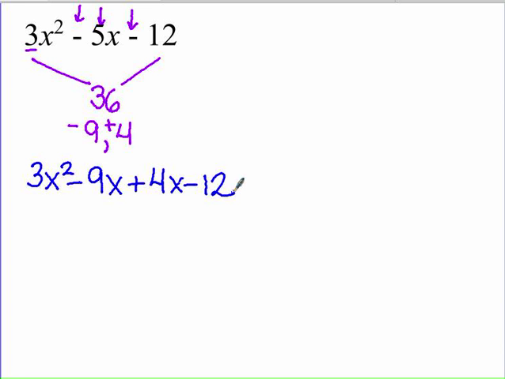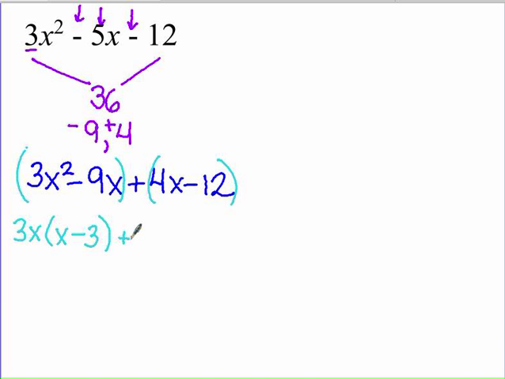Now a little bit about that. Remember, I could put the 4 first and the negative 9 second. These next few steps will be a little different, but I will get the exact same answer. So let's go ahead and group since I've got 4 terms. What can you take out of the first bunch? 3x. And that leaves me with x minus 3. What can I take out of the second bunch?